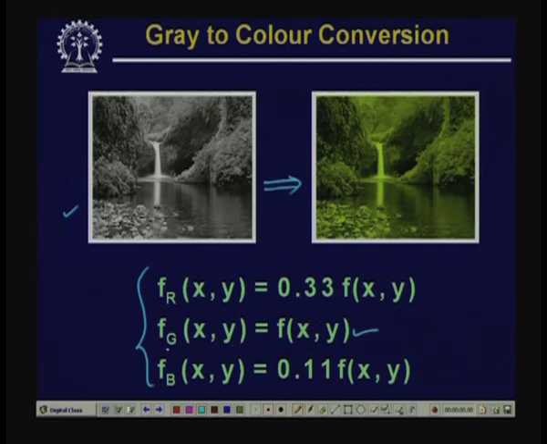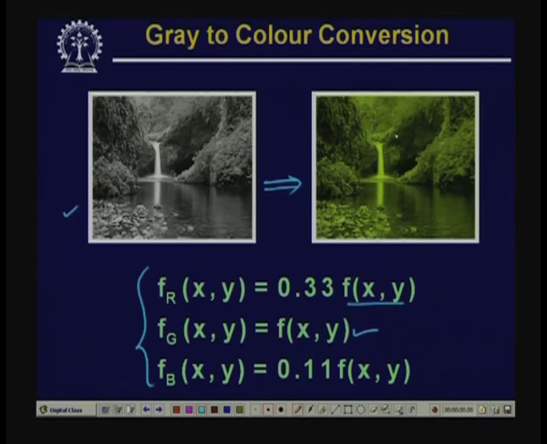So, we have taken f_g(x,y) equal to f(x,y), where f(x,y) is the original intensity image. The red component is generated as 1/3 of f(x,y), and the blue component is generated as 1/9 of f(x,y). So, by generating the red, green and blue planes from the original f(x,y) in this manner, and combining them, the corresponding pseudo colored image that we get is given on the right hand side.